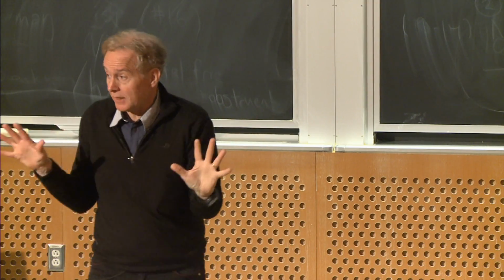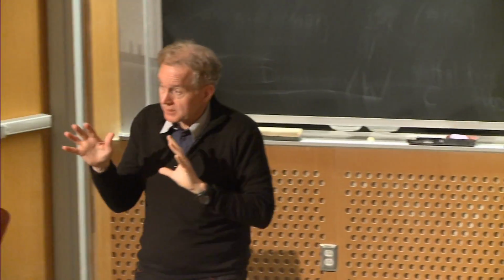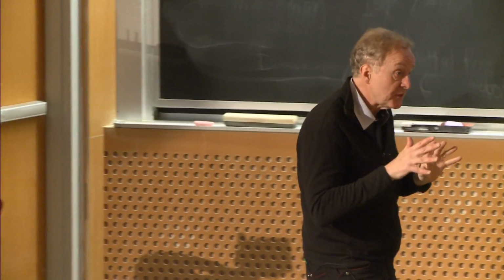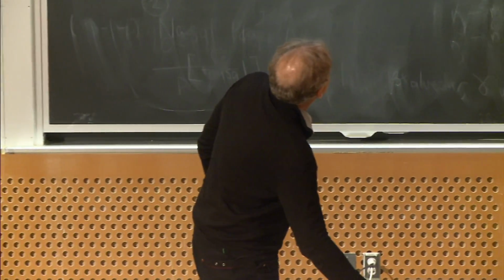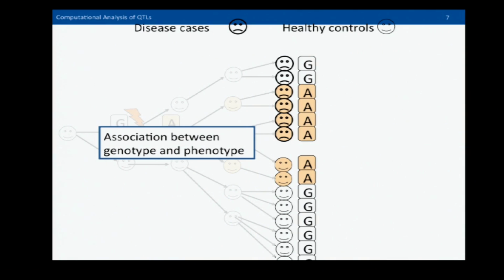And that's a fundamental idea, that you can increase risk without being necessary or sufficient to cause a particular genetic disorder. And so you get this association between genotype and phenotype. And that's what we're going to go looking for right now. We're on the hunt. We're going to go looking for this relationship.